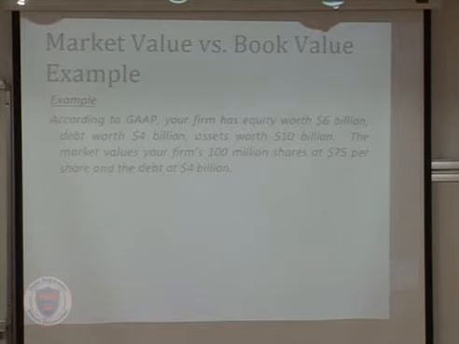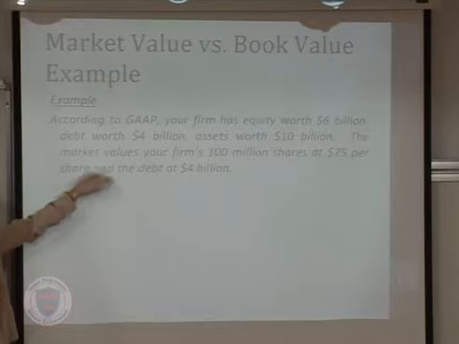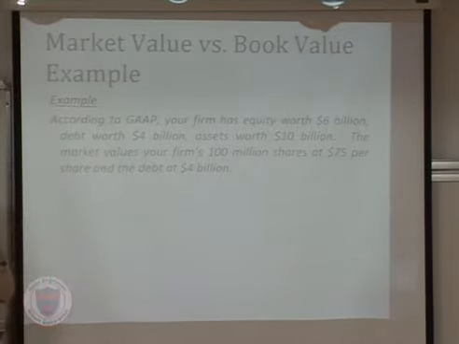So what is the market value of debt? The market values your debts as 4 billion, so this is the market value. What is the market value of equity? 7.5 billion.